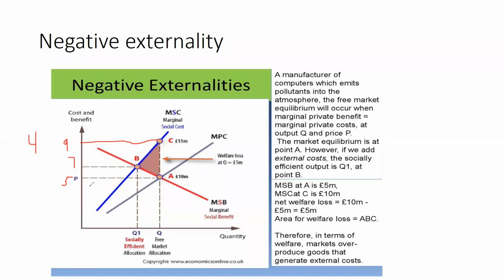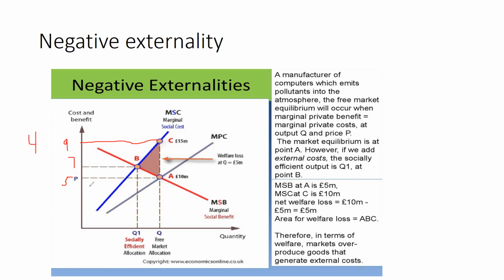Now, a lot of times they'll say, after the tax, we're at B, right? We're at socially optimal. There is no deadweight loss. But they might say, after the tax, what is price and quantity compared to the market? Well, if you look, B is now $7 and it originally was 5, so price went up.